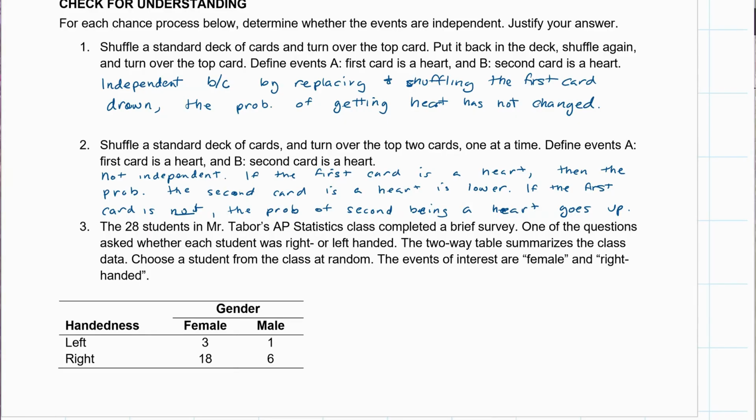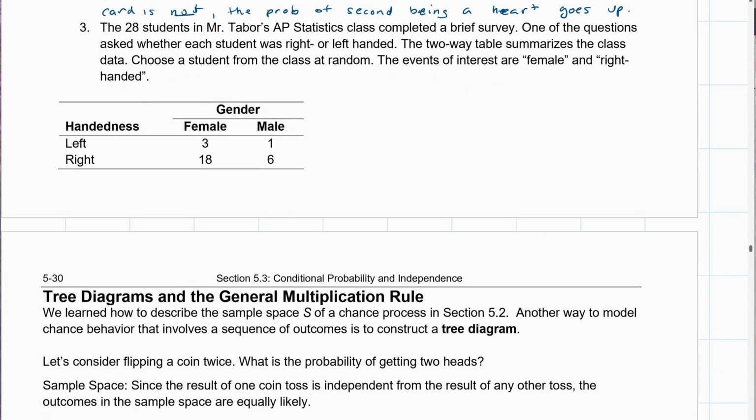All right. Number three, the 28 students in Mr. Tabor's AP Statistics class completed a brief survey. One of the questions asked whether the student was right or left-handed. A table summarizes the class data. Choose a student from the class at random. The events of interest are female and right-handed.